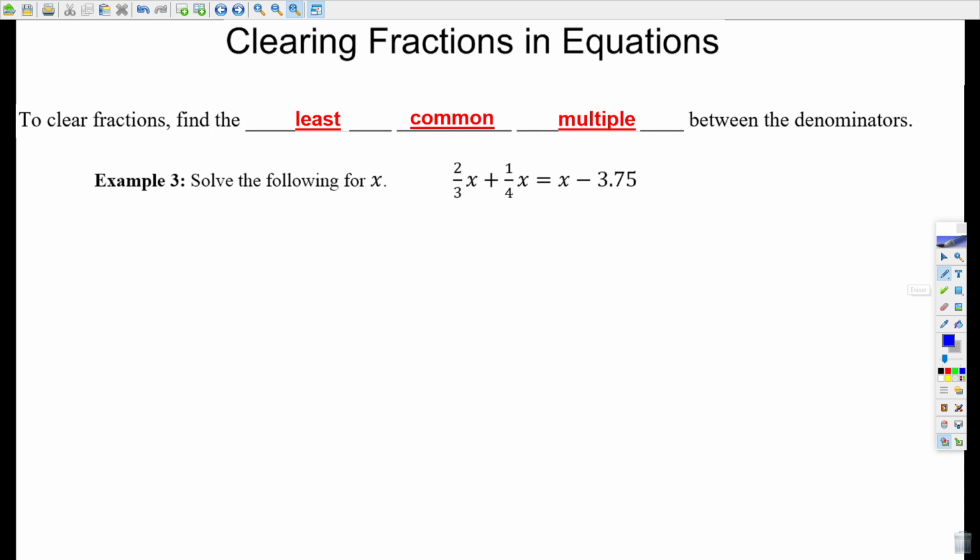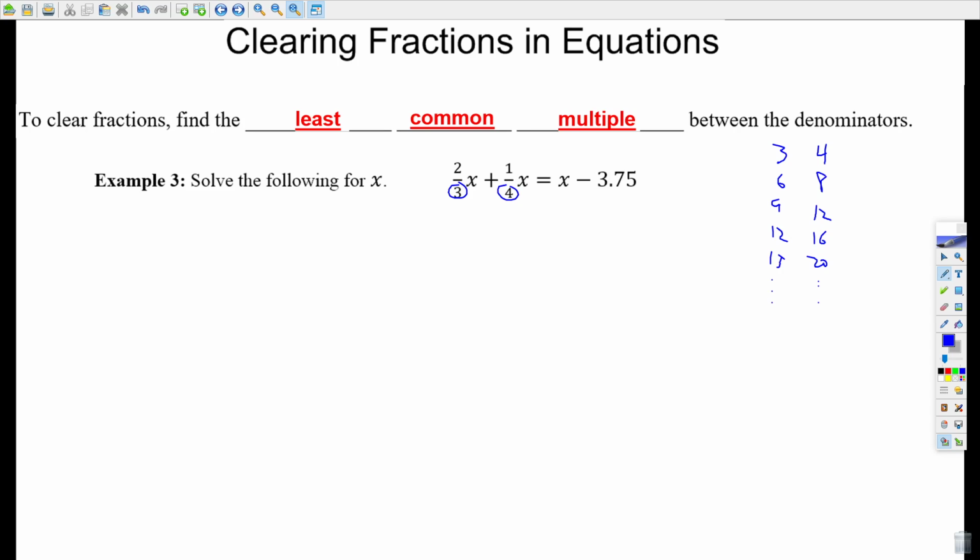Here, if we have 3 and 4, what's the least common multiple? That means if you were to take 3 and 4 and write the multiples, you just keep adding the same number, like 3, 6, 9, 12, 15, keep going, right? Do the same thing with 4, keep adding 4, 8, 12, 16, 20, keep going.